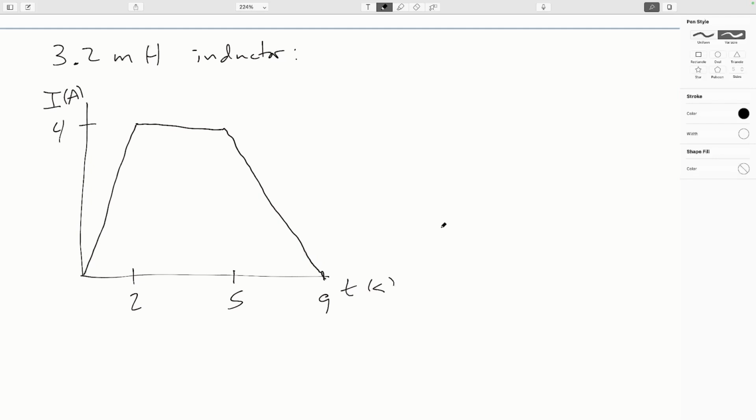And what I would like to plot is the voltage across the inductor as a function of time. So to get that, what we can say is, okay, the voltage across the inductor is minus L times the time rate of change of the current. So this will be, at whatever point we're interested in, equal to the slope of our I versus T graph here. We'll be breaking this into 3 segments.